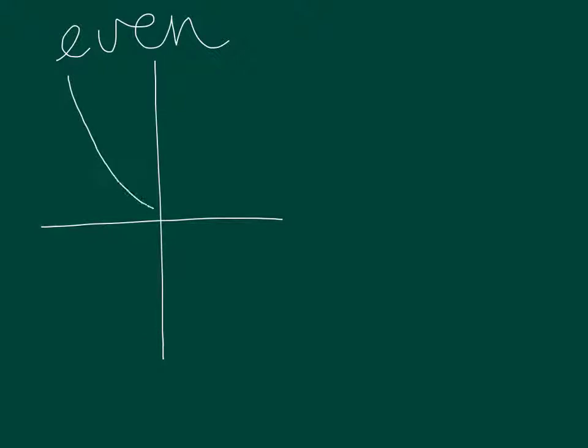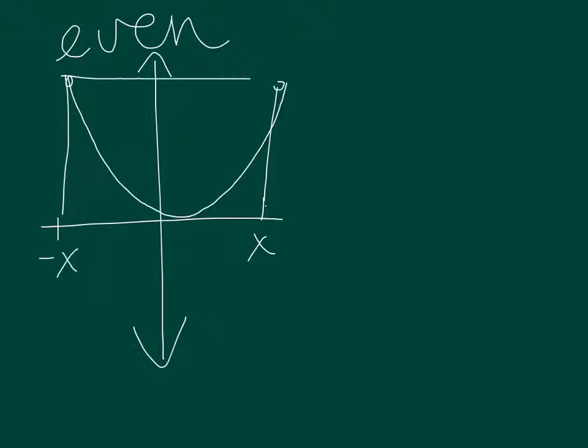So in an earlier video, we learned about symmetry with respect to the x-axis, the y-axis, and the origin. If a function is even, it has symmetry with respect to the y-axis, this axis. And every point x has a point negative x, and the same y.